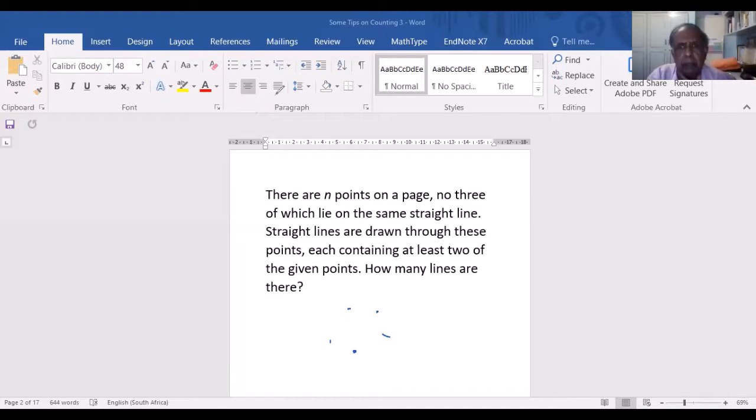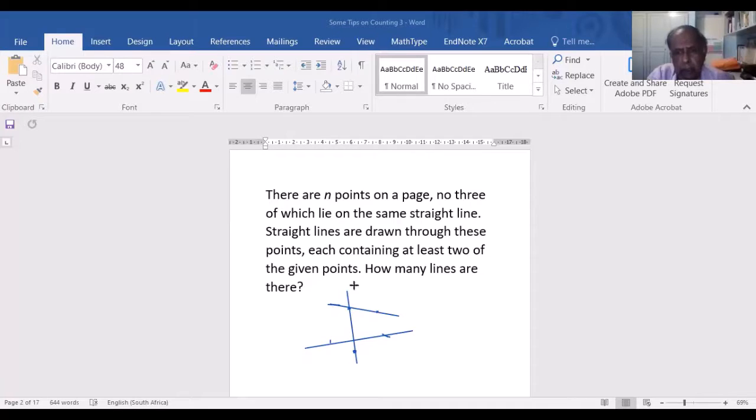So if you've got, say, 5 points, the question is, how many lines can you draw? So you can draw one line going through that, another line going through those 2 maybe, and so on. I'm not going to do the whole lot. Okay. So how many such lines can be drawn?